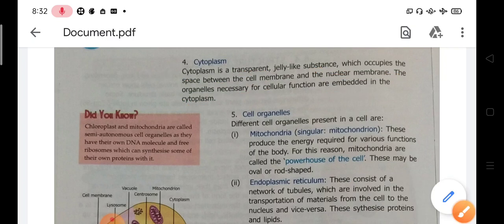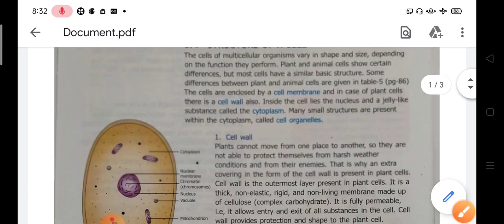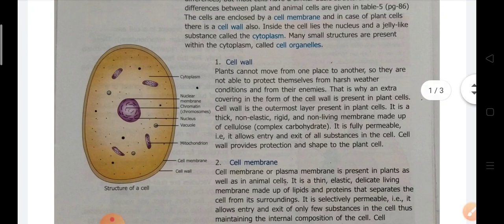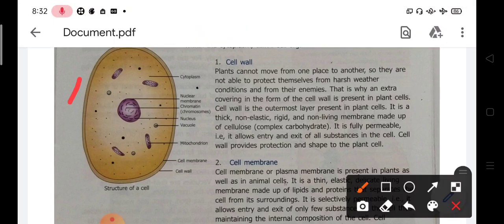That means I can show you the diagram. Look over here. Here you can see the diagram of the cell. This is the cell membrane and the nucleus is surrounded by nuclear membrane, and this substance, this whole area, is the cytoplasm, and in cytoplasm these structures are there.